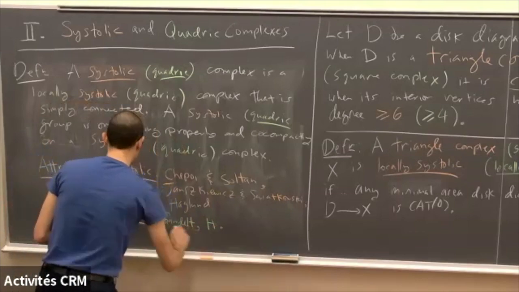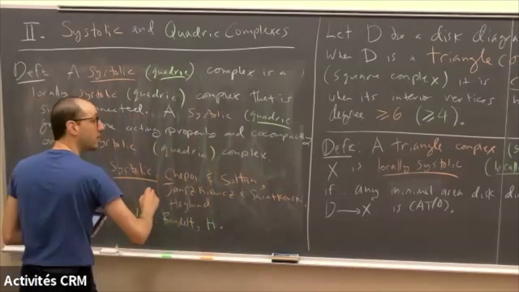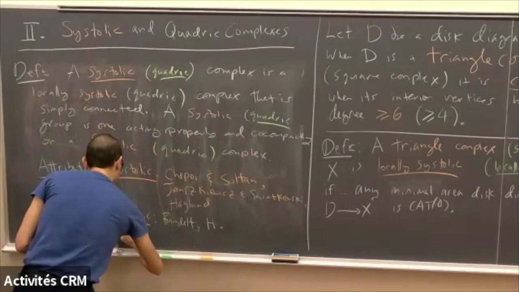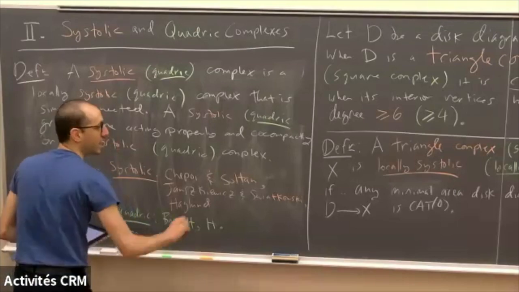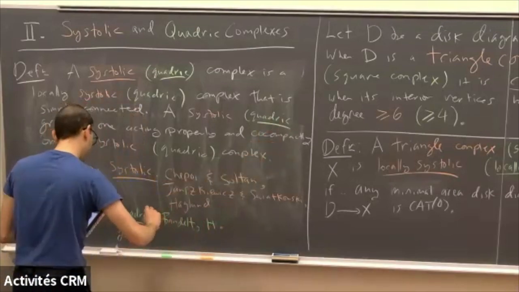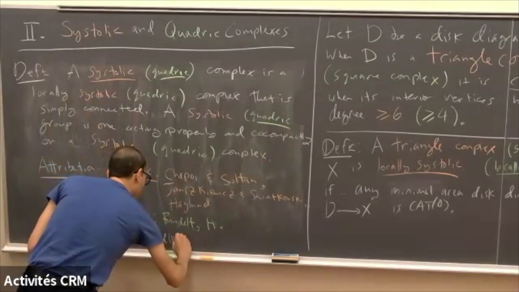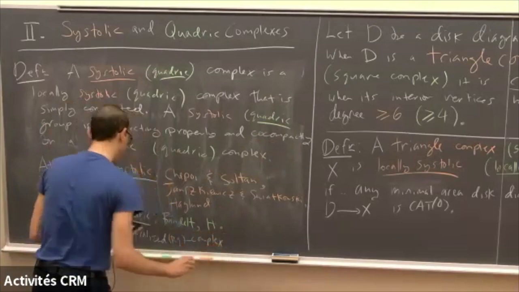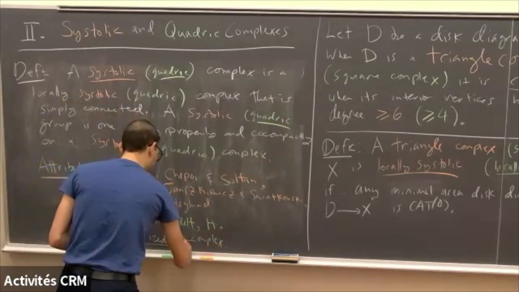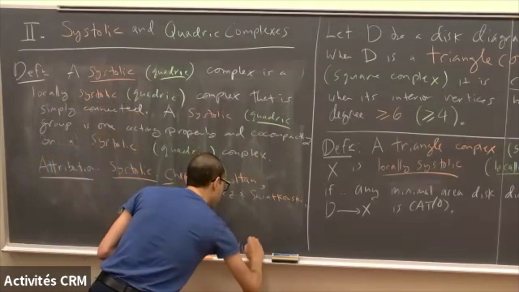And then this kind of point of view, this disk diagram replacement type, is due to Wise. PQ complexes: this is in a preprint of Daniel's. These are both examples of what he calls generalized PQ complexes.